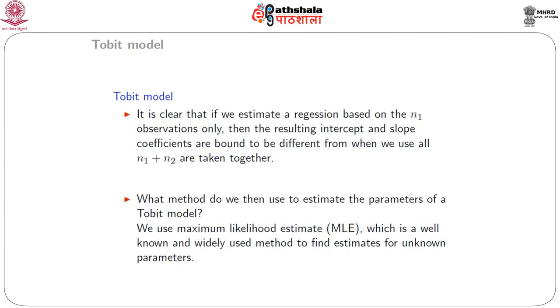But what we observe is that y equals max of 0 and y star, which means the Tobit model uses MLE to estimate both beta and sigma square. And it is important to realize that beta estimates the effect of x on y star here and not our dependent variable y. So, we are actually estimating beta as the effect of x on our latent variable y star and not our actual dependent variable y.